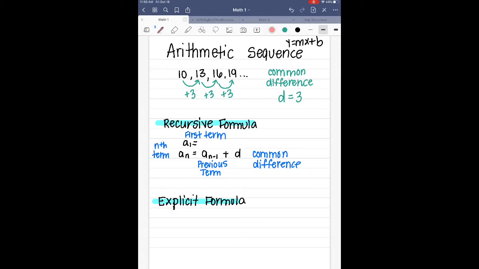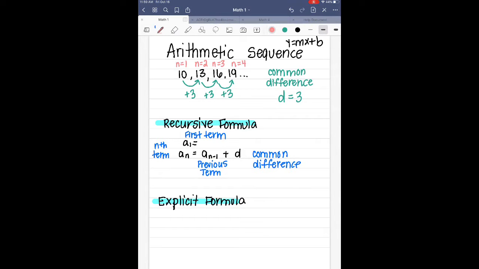Now, we're going to learn about two formulas in reference to an arithmetic sequence, and we need to make sure we understand what it means when we're talking about a term. A term is the actual sequence number. So this is term 1, this is term 2, this is term 3, this is term 4.